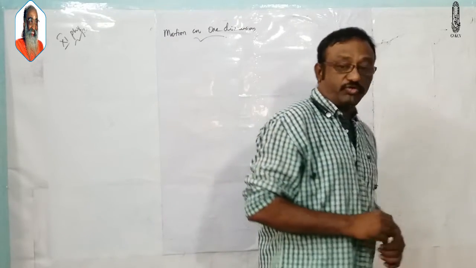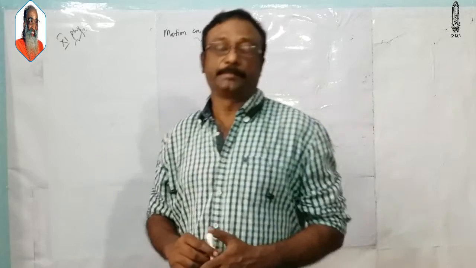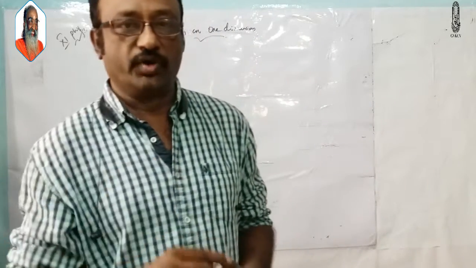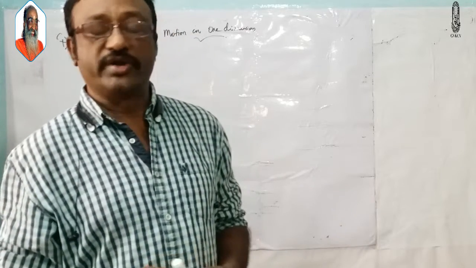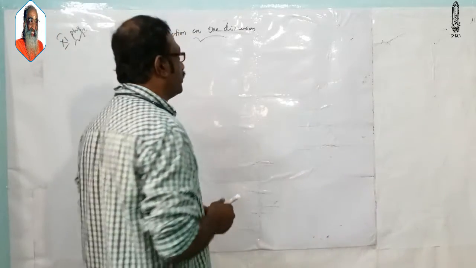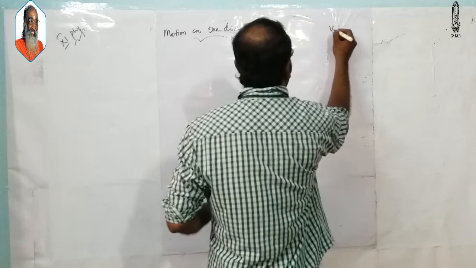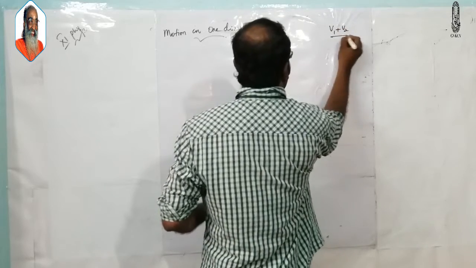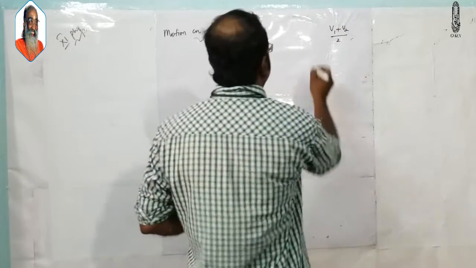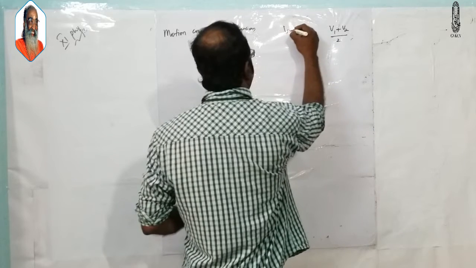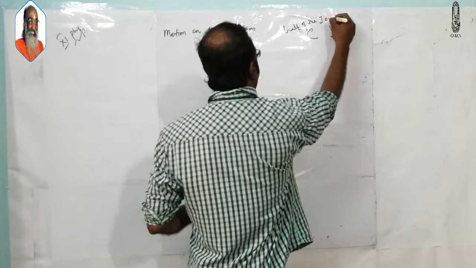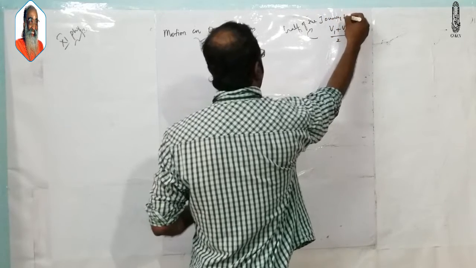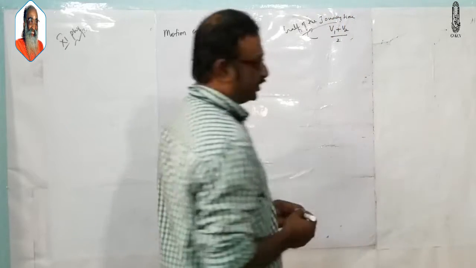If a body is moving half of the journey time with velocity v1 and half of the journey time with velocity v2, then the average velocity is given by (v1 plus v2) by 2. And this is, keep in mind, for half of the journey time. If you remember the formula, directly you can apply that.